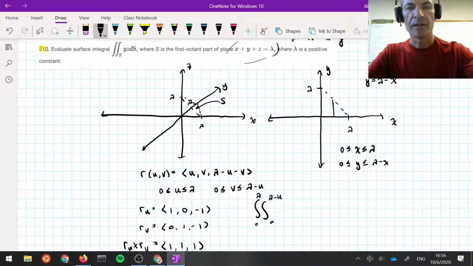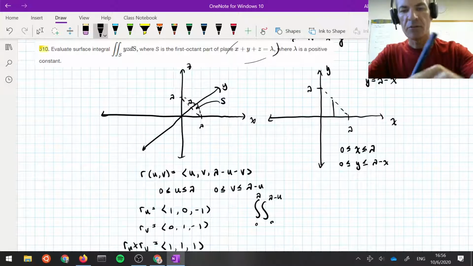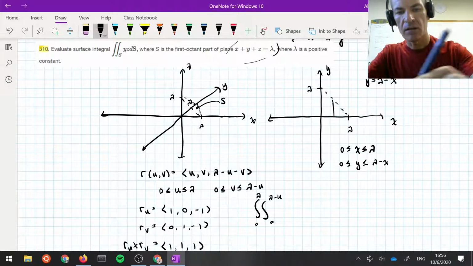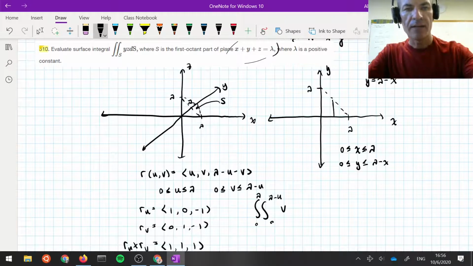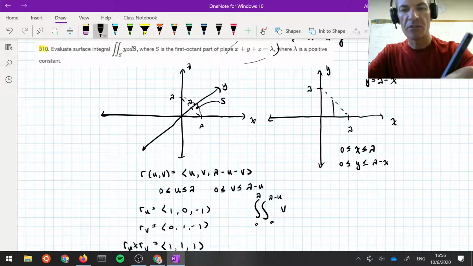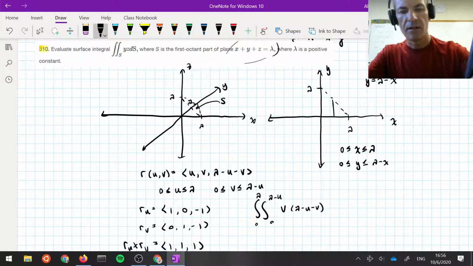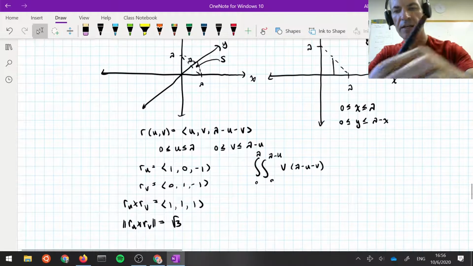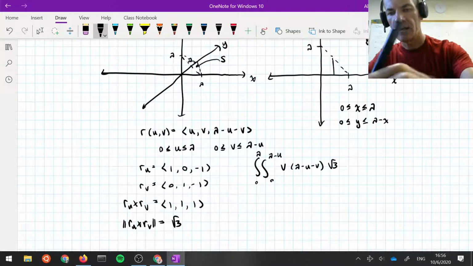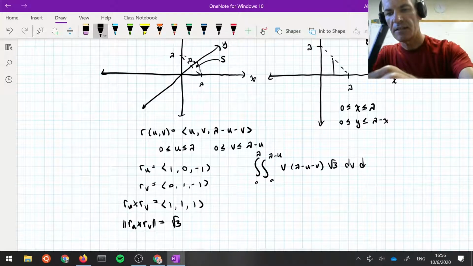In the integrand, y is v along r, and z is lambda minus u minus v. And then don't forget our square root of 3, and then dv du.